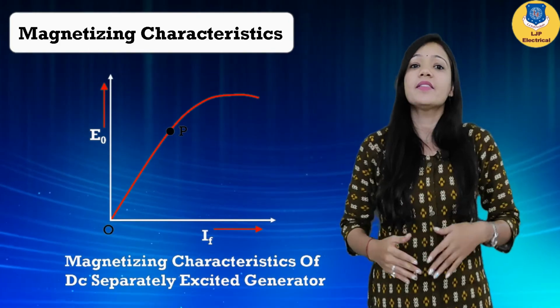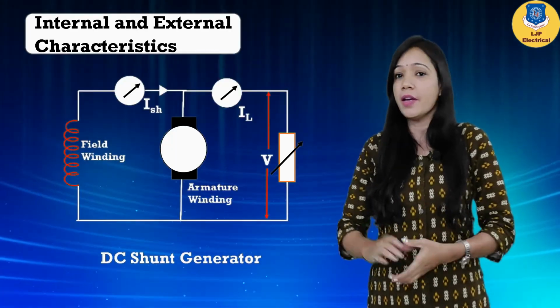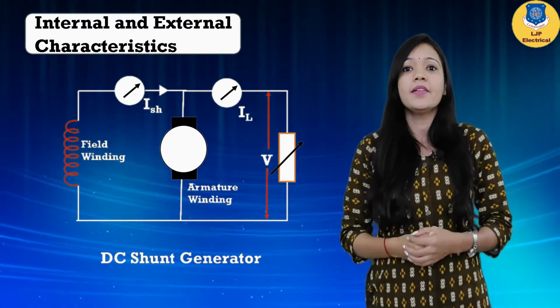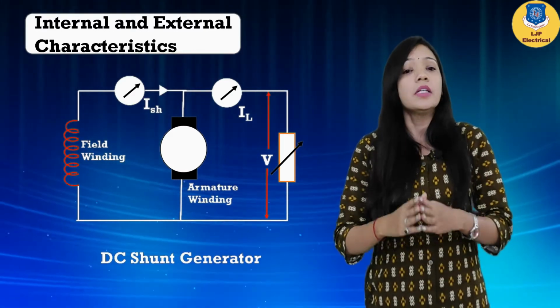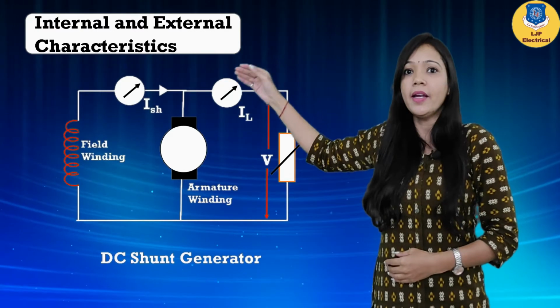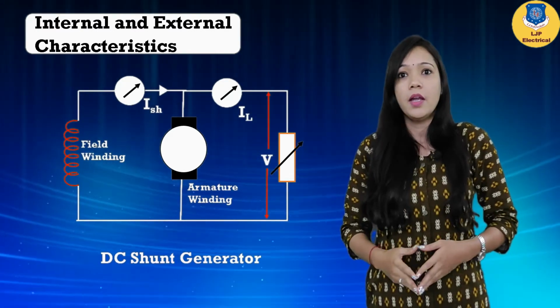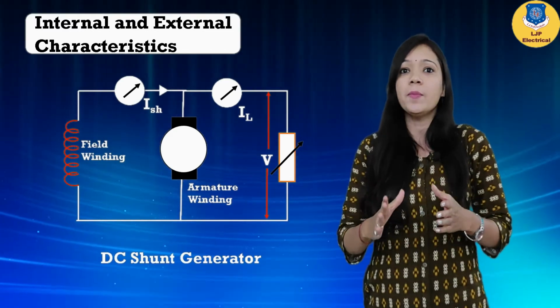Now let's see the second characteristic, which is the external and internal characteristics. So let's see the DC shunt generator. Here the field winding and armature winding are connected in parallel and we have connected the variable load.